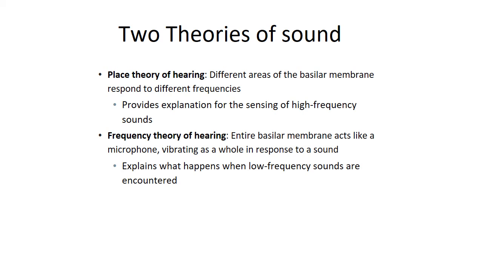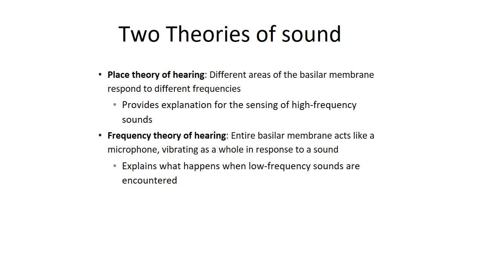Both of these have a little bit of a shortcoming, and most of the theories that we talk about in psychology explain part of a phenomenon, but not the entire thing. The frequency theory does not necessarily explain very high pitch sounds because those are very fast vibrations, and it is thought that the cochlea, the basilar membrane, may not be able to vibrate fast enough.